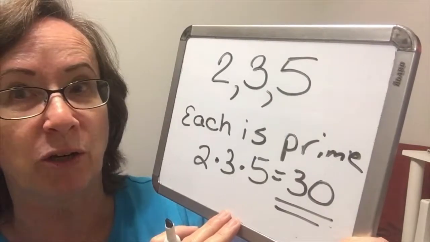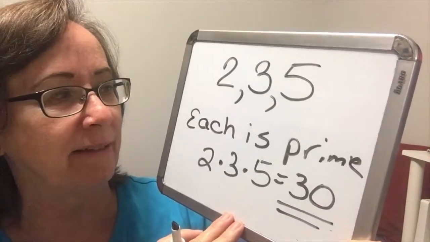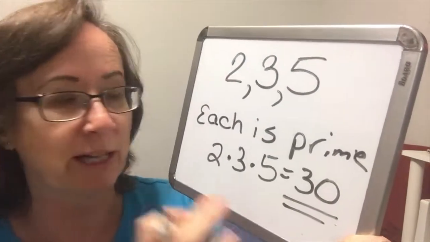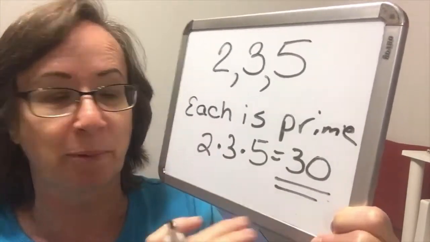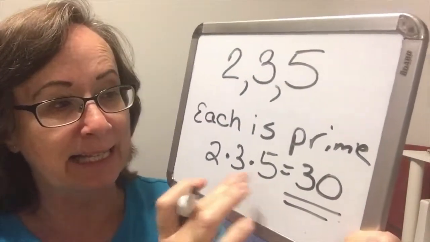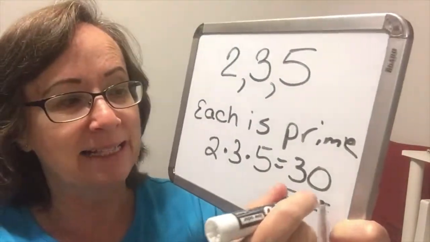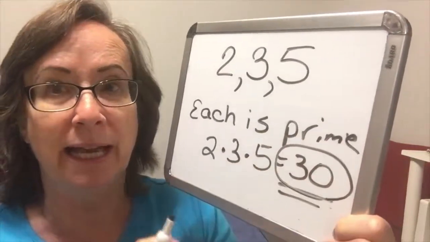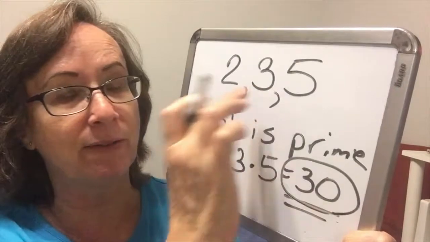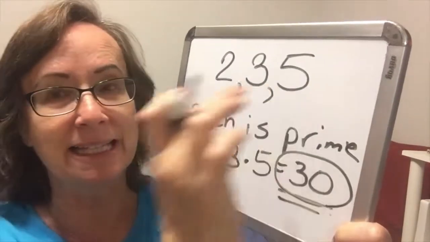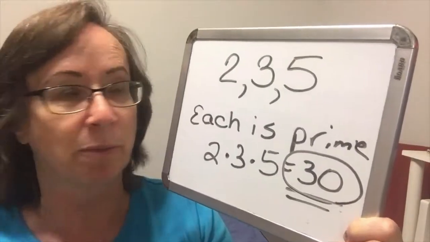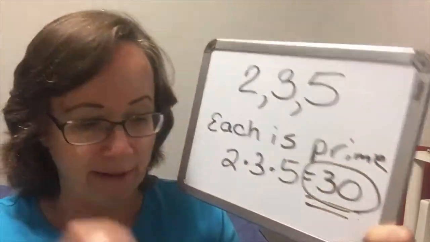So when we have prime numbers, to find the least common multiple, we're simply going to multiply the three prime numbers together. 2 times 3 is 6, and 6 times 5 is 30, and so the least common multiple is 30. And 30 is divisible by 2, 30 is divisible by 3, and 30 is divisible by 5, and it is the smallest number that is divisible by 2 and 3 and 5.